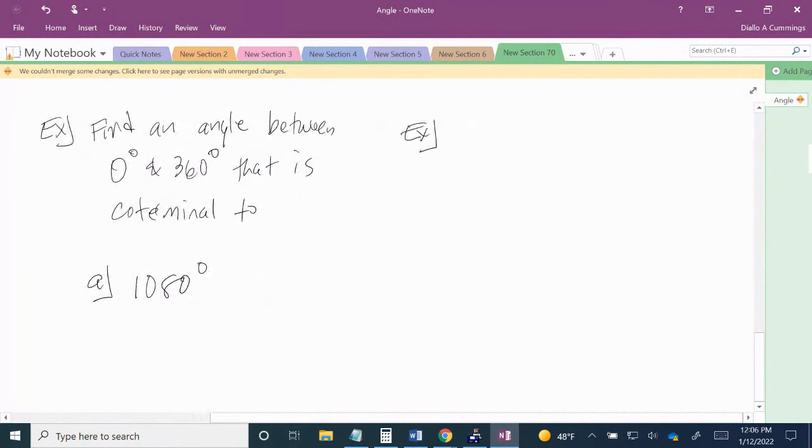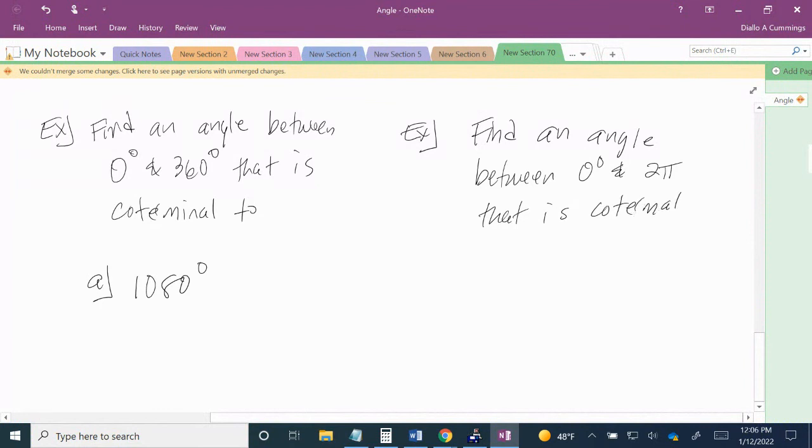And for B, find an angle between 0 and 2 pi that is coterminal to negative 15 over 4 pi.